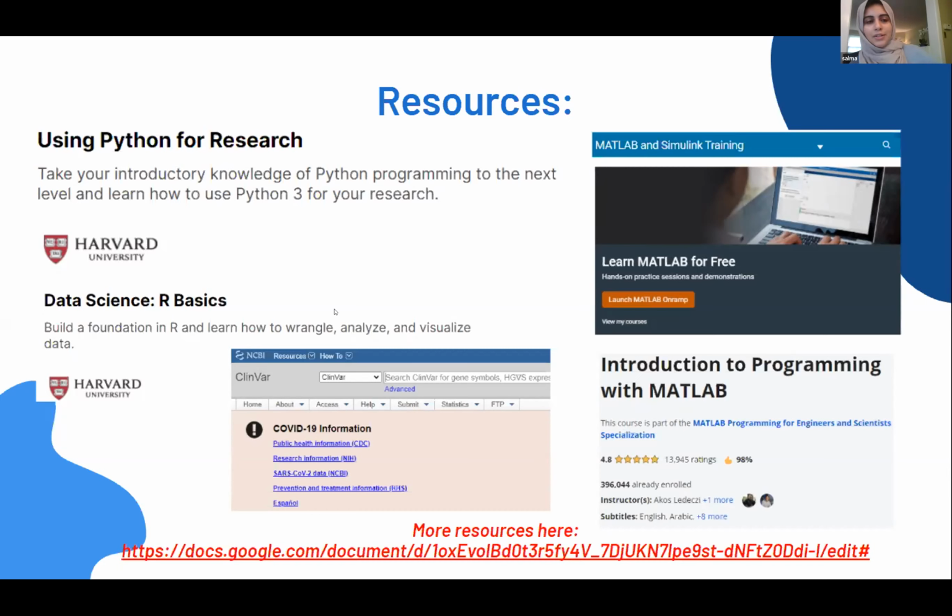Obviously, this is all in addition to us, but these are things that you can do independently and take initiative to learn. We'll continue to update. If at any point you think we're missing something, just let us know and we can try to find relevant resources and add it for everyone.